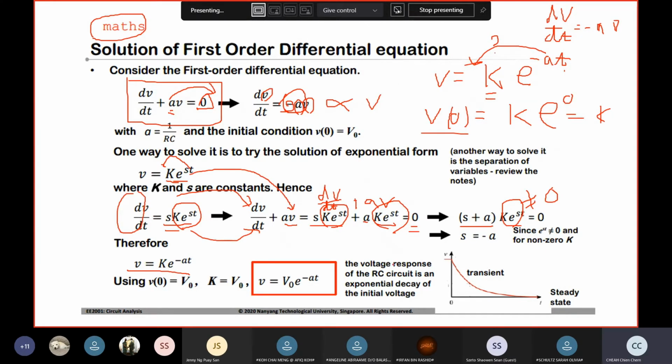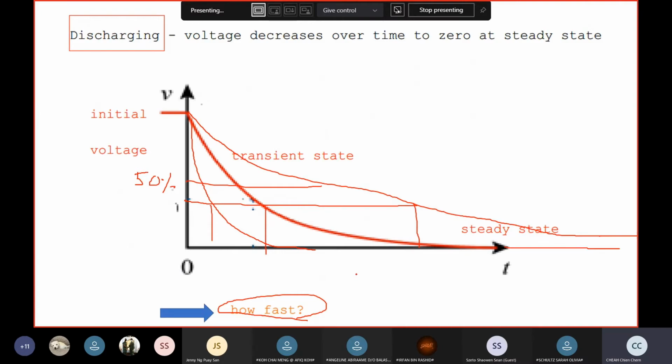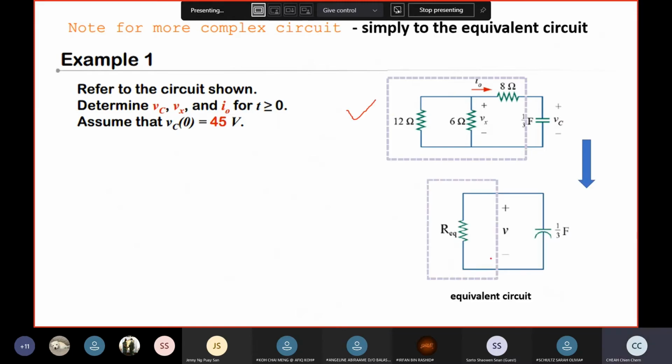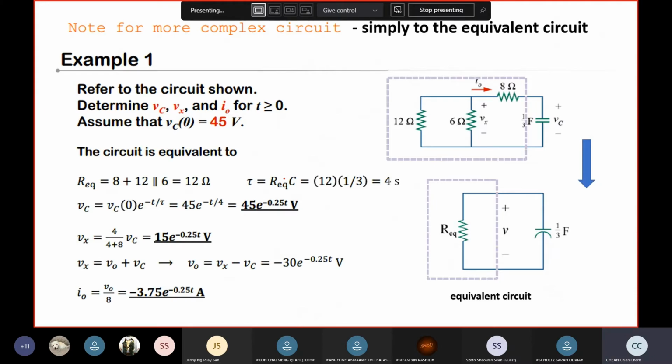So the whole idea of this circuit analysis, or this energy storage element, is that if you have a complex circuit, simplify it to the equivalent one. Then from there, you know the solution takes this form, which means that you need to calculate a few things. What is the time constant?